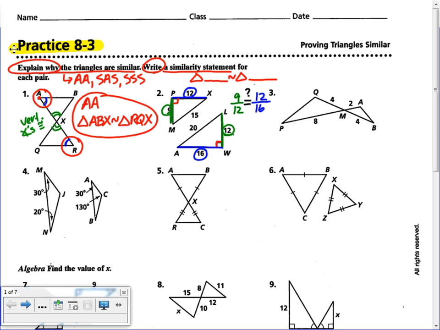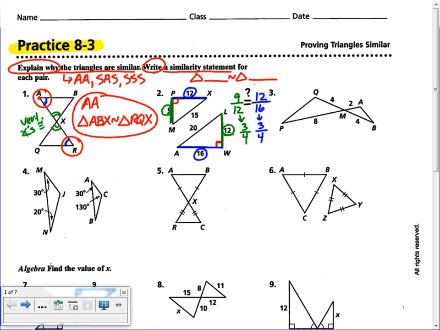There's a couple of different ways you can do this, but since the numbers are quite simple, I'm just going to simplify each fraction. If I divide top and bottom of 9 over 12 by 3, I can simplify this fraction to 3 over 4. If I divide top and bottom of the blue fraction, 12 over 16, by 4, it will simplify to also be 3 over 4.